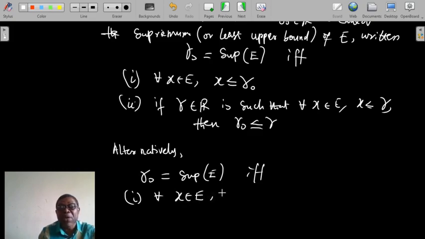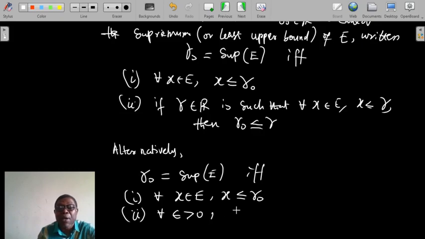That is, if and only if for any x we pick in E, x is less or equal to gamma naught, and for any positive number you give me, for any epsilon bigger than 0, gamma naught minus epsilon is no longer qualified to be an upper bound. Gamma naught minus epsilon is not an upper bound.